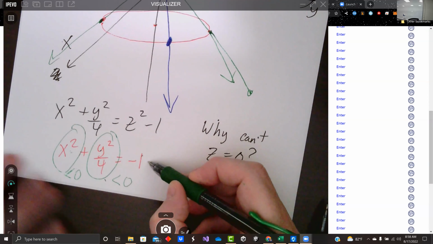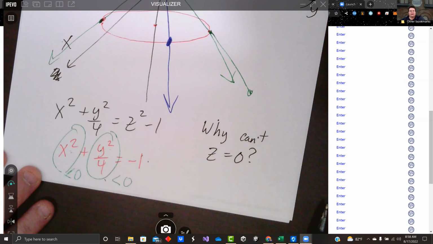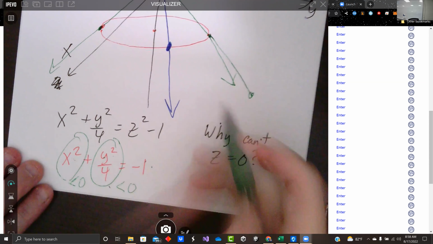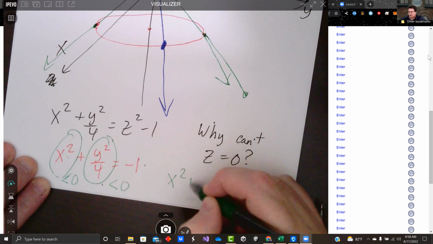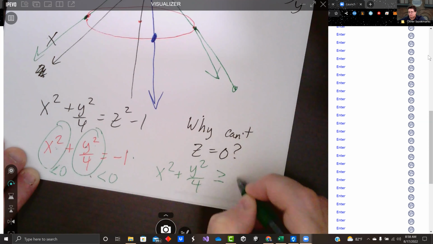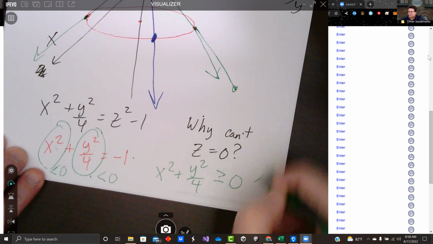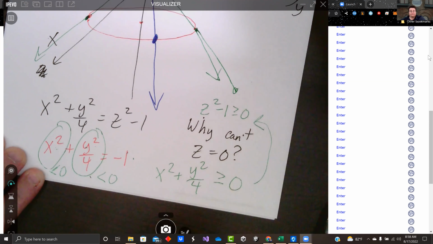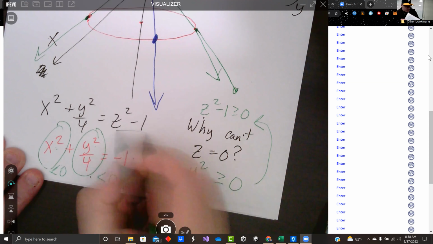How can I get a negative number if I'm adding two positive values? That would be why z can't equal 0. We have the restriction, since they're both positive values, this has to be greater than or equal to 0, which means z squared minus 1 has to be greater than or equal to 0, because that's the right side.